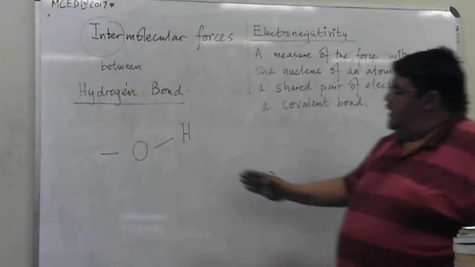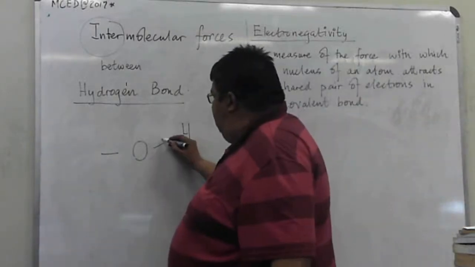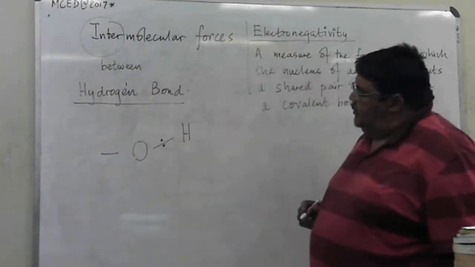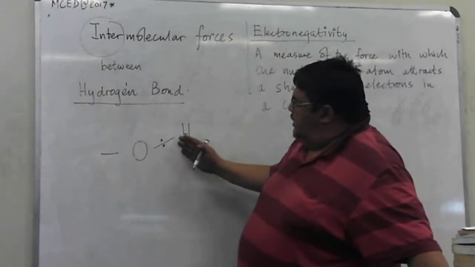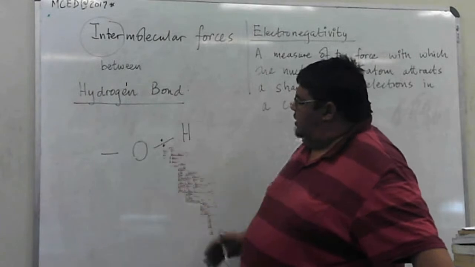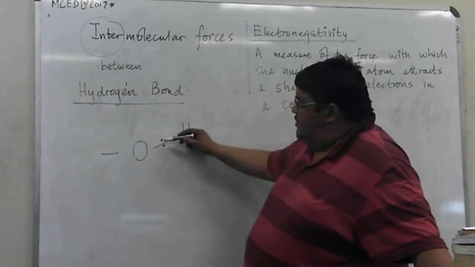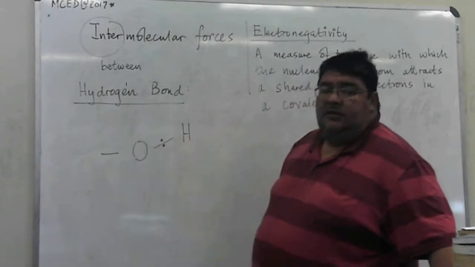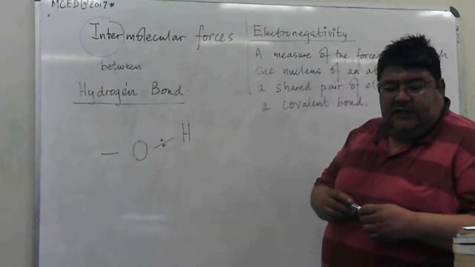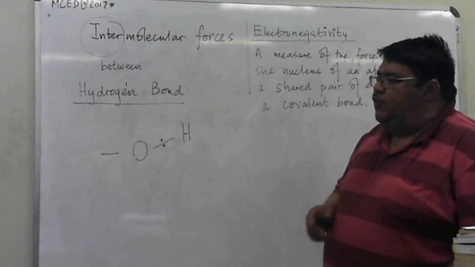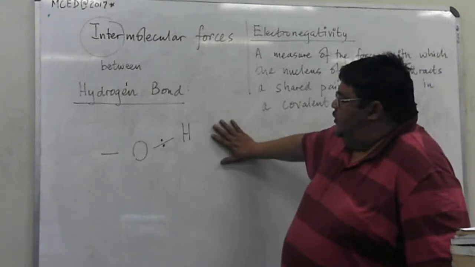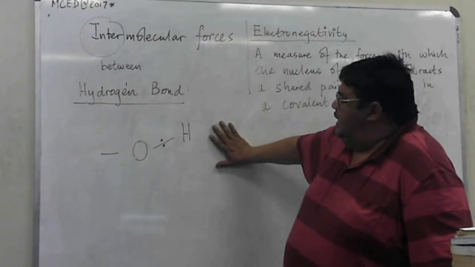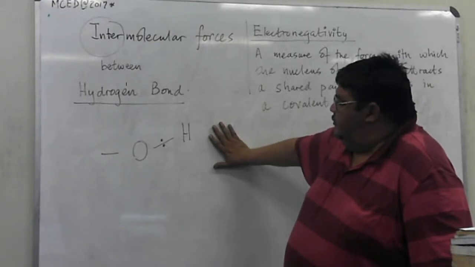So here's a covalent bond, and there's a shared pair of electrons in that covalent bond. This bond is held together because the electrons are negative, and the nucleus of an atom is positive. And we know that there's a force of attraction between a positive object and a negative object.